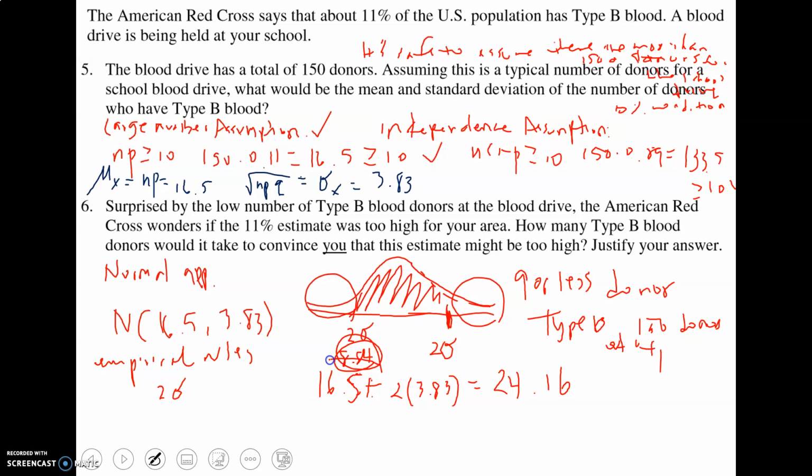So 9 or fewer people, then I'll be convinced that it would be too high. If it's 24 or more, then 11% would still not be correct, but it's not because it's too high, it would be estimated too low. That's why I'm looking at the 9, not this extreme. So we are looking at this and below. I hope that makes sense.